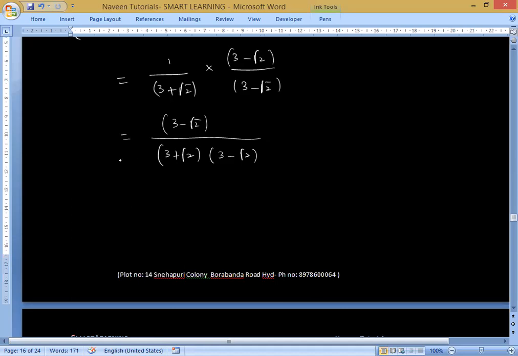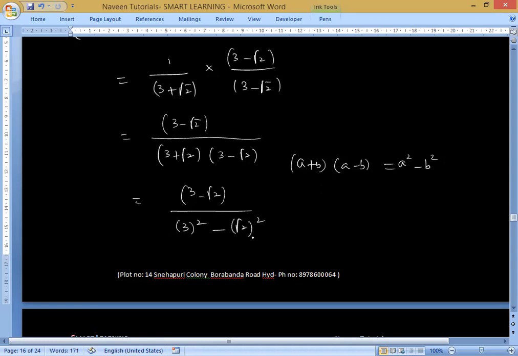Then 3 plus root 2, a plus b into a minus b, a square minus b square, that is 3 square minus root 2 square.